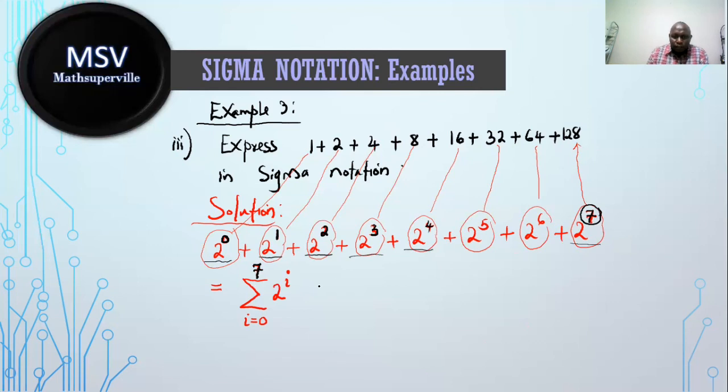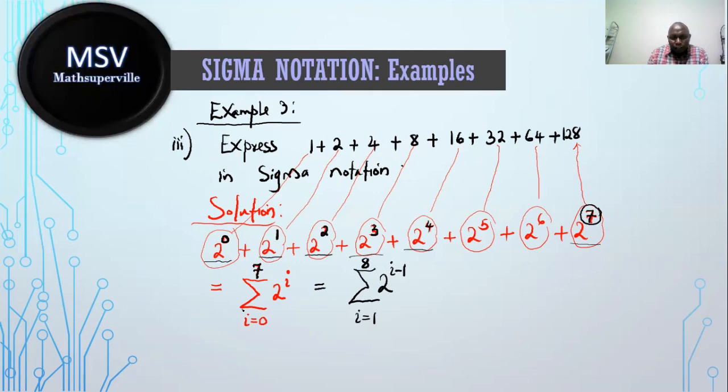We could also rewrite this as the sum from i equals 1 to 8 of 2 raised to i minus 1. So that when i is 1, notice that you still have the same result. So we can actually modify what we're doing, and it will still work.